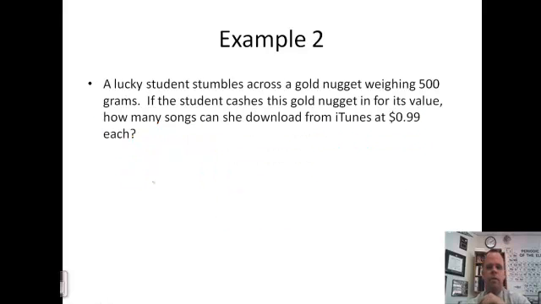Let's look at example number 2. When we're going to do example number 2, take a second and pause the video, but let me give you one more piece of information before you pause the video. Currently, the one thing you need to know here, gold is $58.69 for 1 gram.